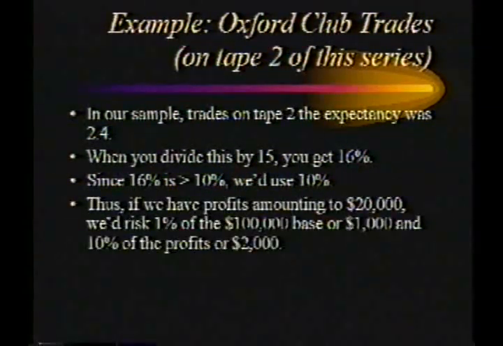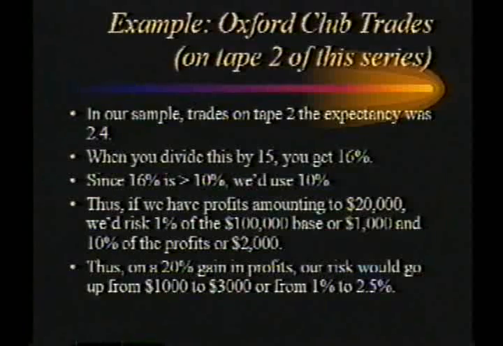So thus, if we have profits amounting to $20,000, we'd be risking 1% of our base equity, or $1,000, and we'd be risking 10% of the profits, or $2,000. Our risk would go from $1,000 to $3,000, or from 1% to 2.5%.